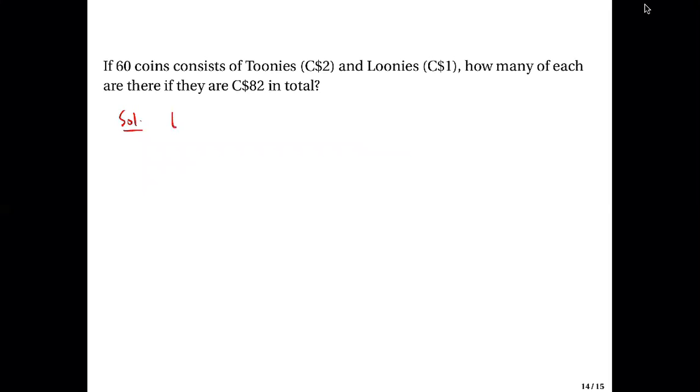So here, let x be the number of toonies, y be the number of loonies. Then, according to the problem, there are 60 coins. We have x plus y.